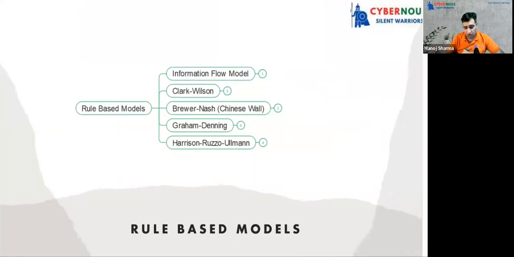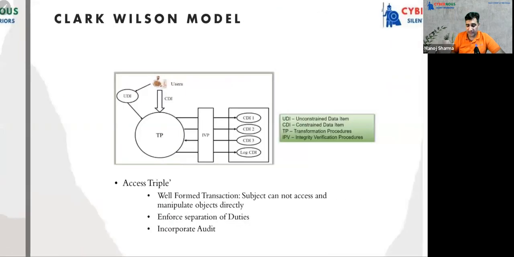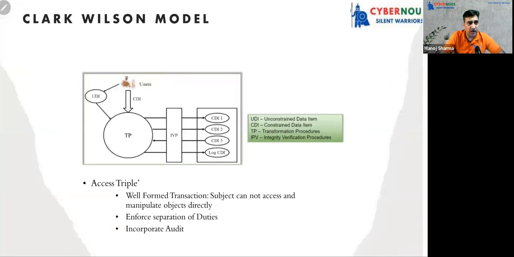Let me go and talk about some more models which are based on rules, right? The first of these, I think we already understood. Let's talk about the Clark-Wilson model first, and then we will go to Graham-Denning. So what is the Clark-Wilson model? The Clark-Wilson model is very simple. I will use an example to explain this. Let's say you want to book an air ticket, and you are going to MakeMyTrip, and you want to book a ticket, right?